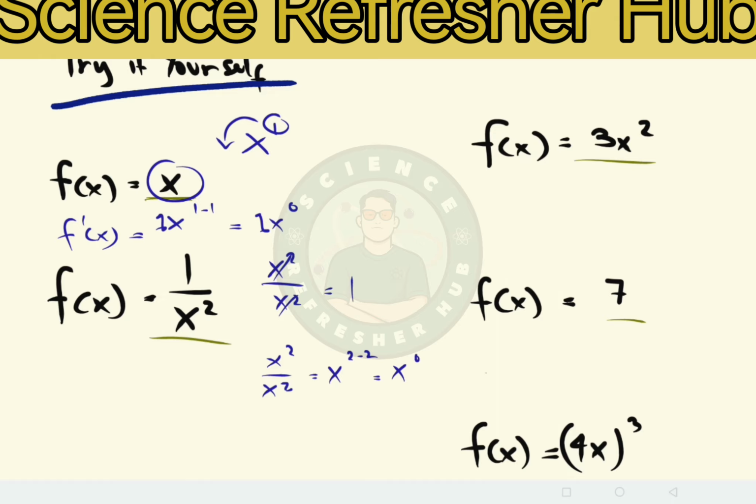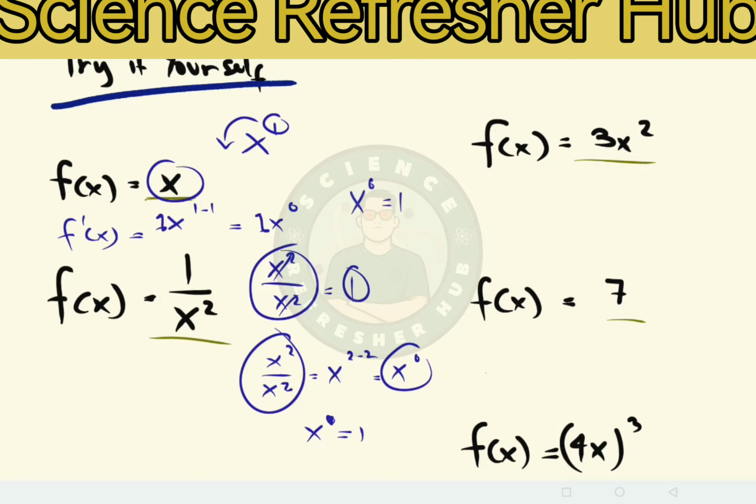So you will have x raised to 0. As you can see, same fractions, the answer is 1, and the other answer is x raised to 0. So x raised to 0 is equal to 1. For any variable raised to 0, the answer is 1. We can write it as 1.